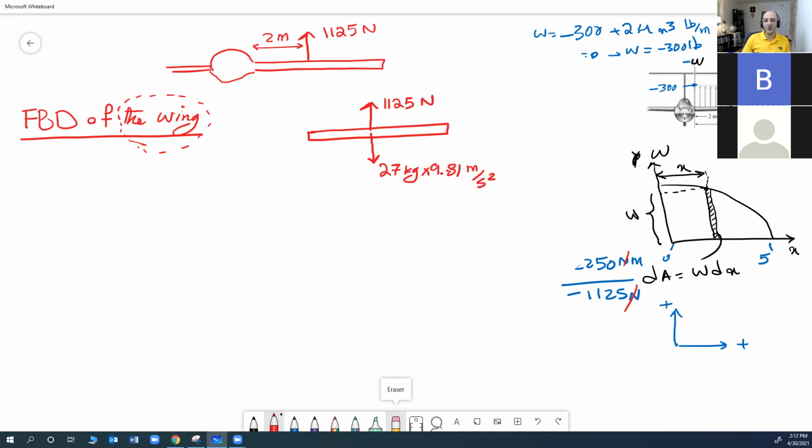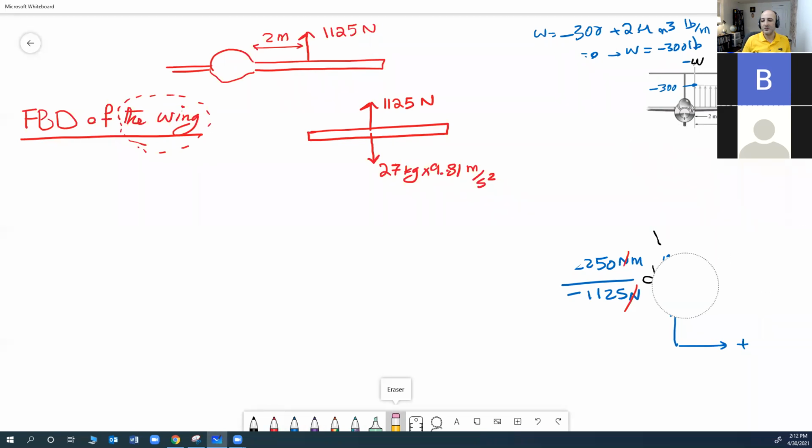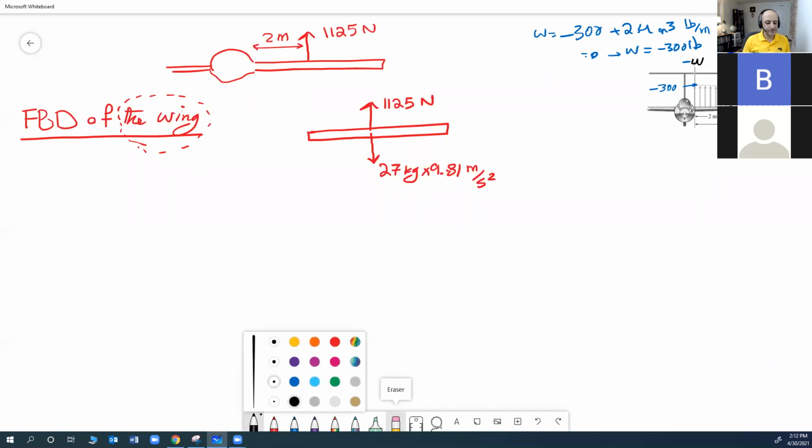Those are my active forces. What about reactive forces? What kind of reactive forces do I have here? Rx, Ry, and moment about R.